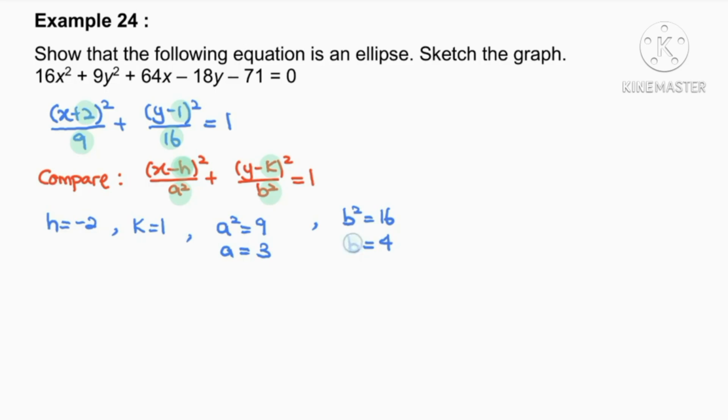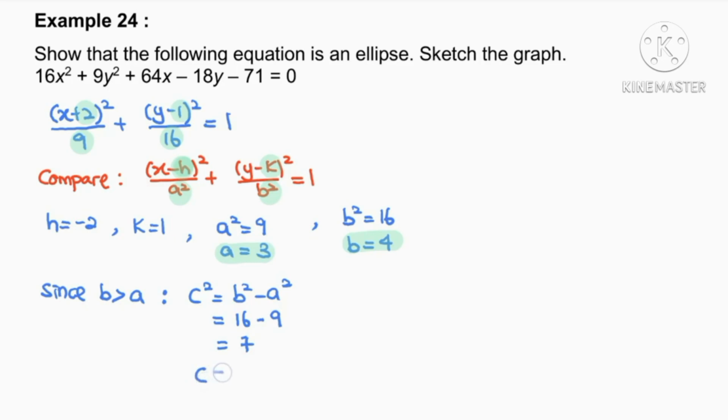Since the value of b is greater than a, c squared is equal to b squared minus a squared. So b squared is 16 and a squared is 9. So 16 minus 9, we get 7.